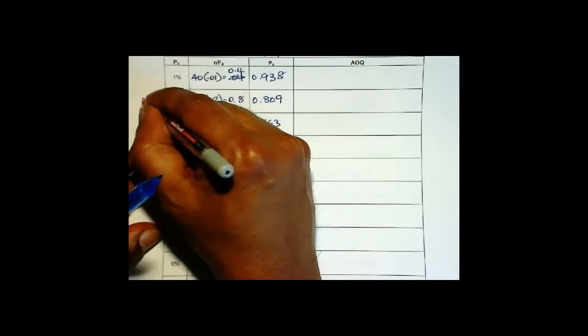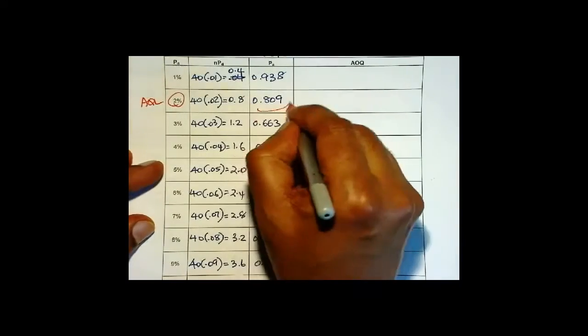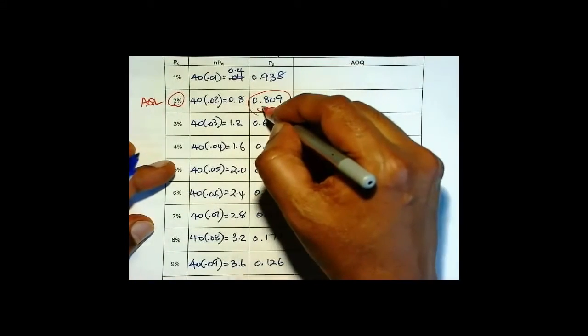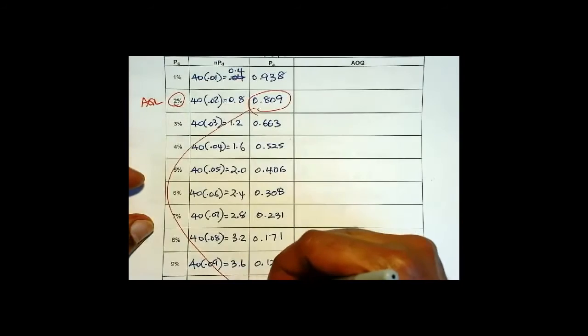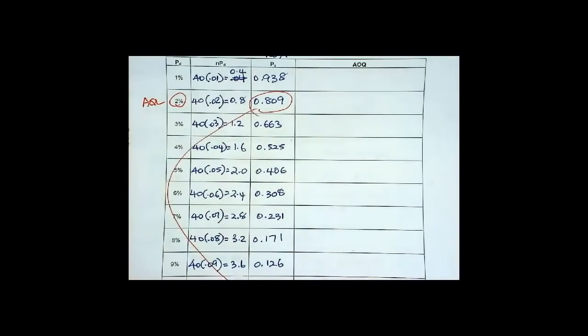So that's AQL. So we'll get that down here, 0.809.